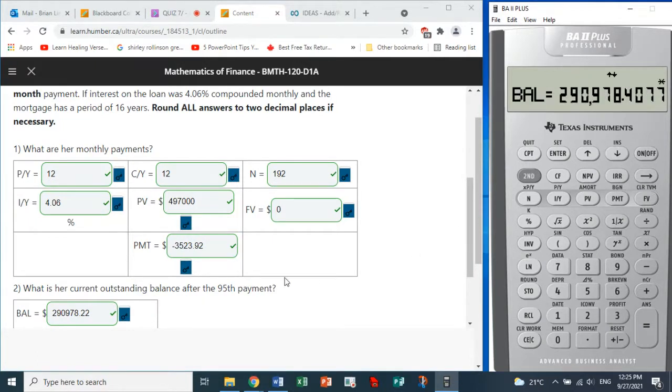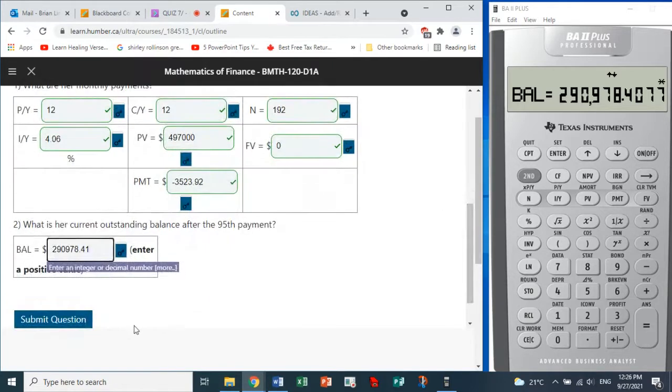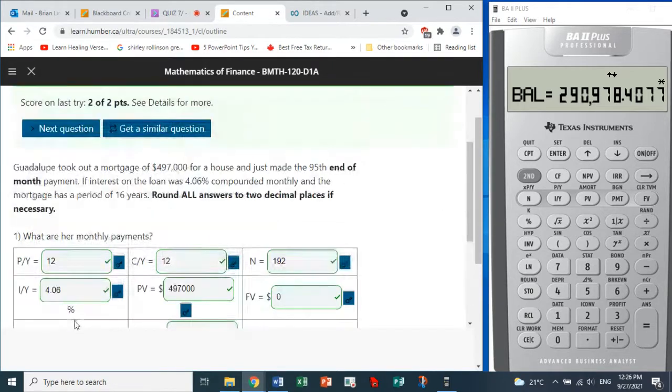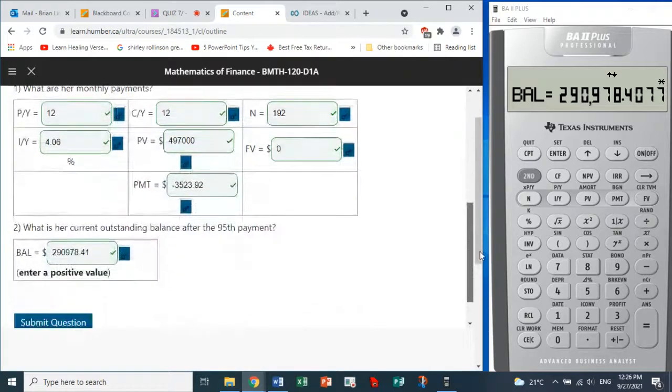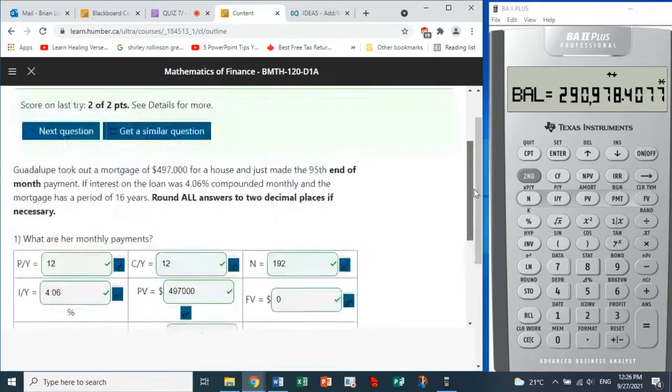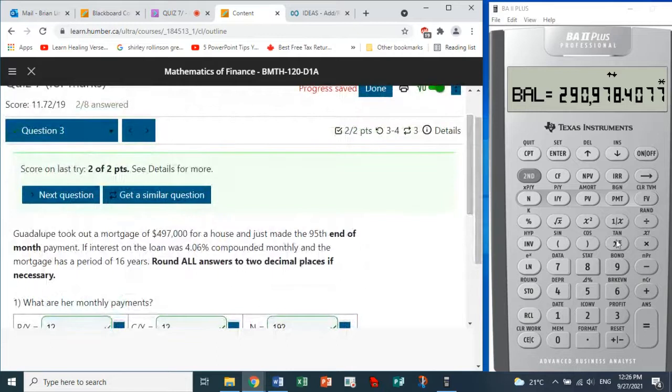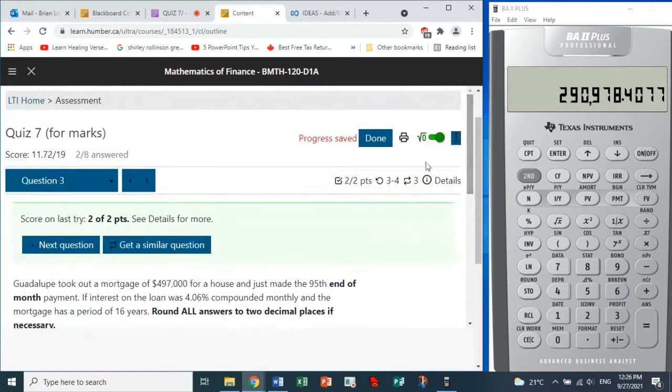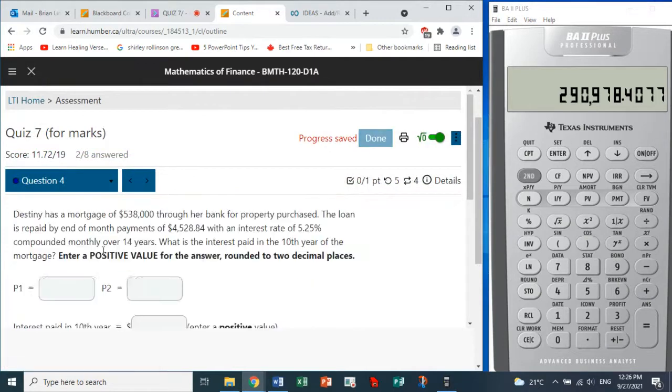We find the balance 290,978 point, now slightly different, 41. Now let's see if that value is also acceptable. And we find out that both values are being marked correct.